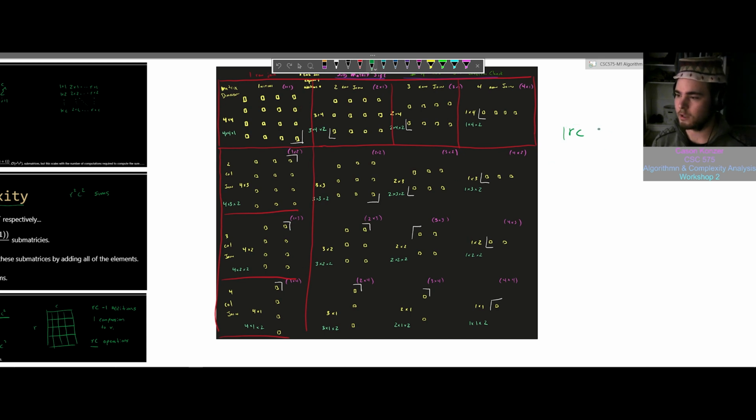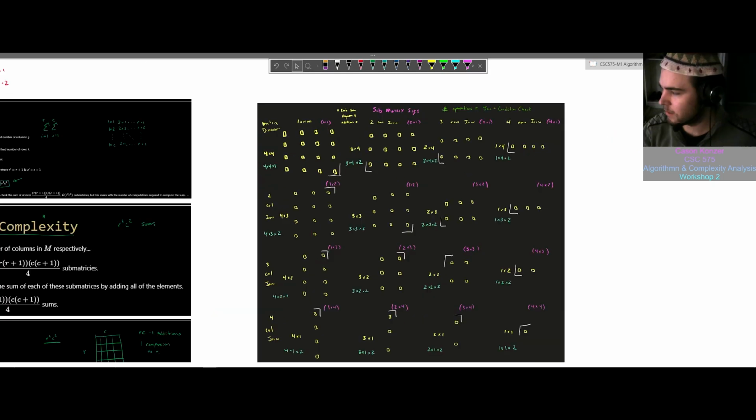So this is RC times R plus C, and the R plus C comes from the 1 up to R number of them that you have row-wise, and then 1 up until C column-wise. This is actually more than what you would need, but in asymptotic notation, this is the new worst case upper bound that we have for the algorithm that I created.